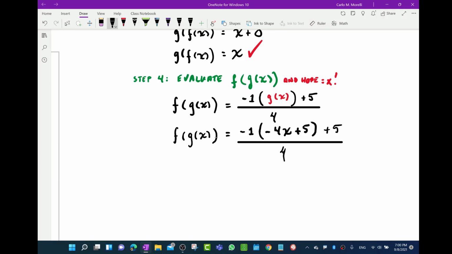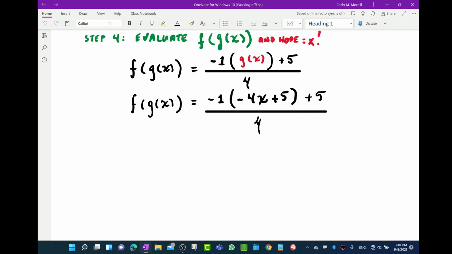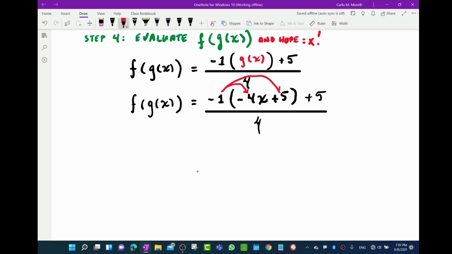Okay, we're almost done. Now we are going to distribute that negative 1 to both terms inside the parentheses. So we have f of g of x equal to, and remember this just changes the signs, so we can get rid of the parentheses now.